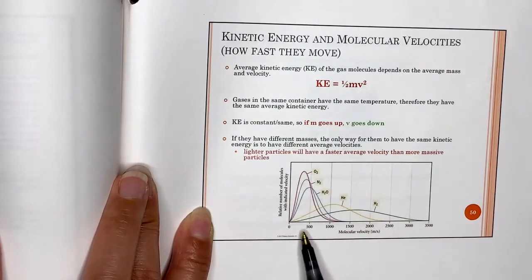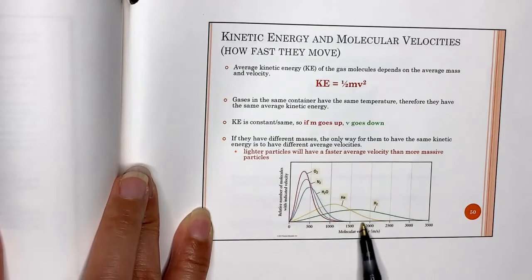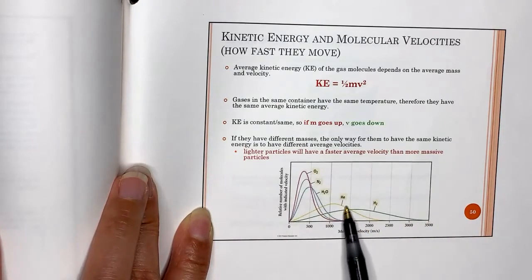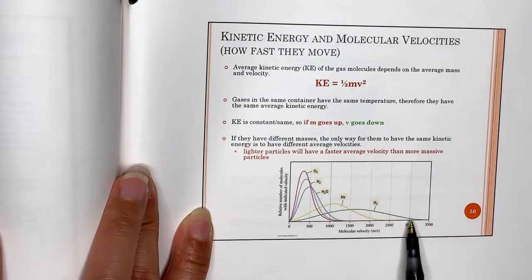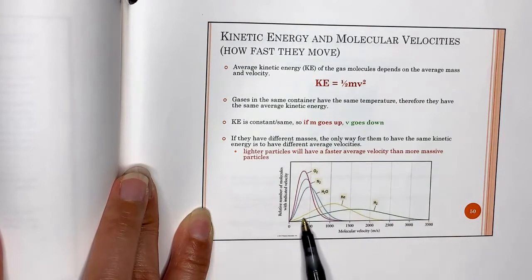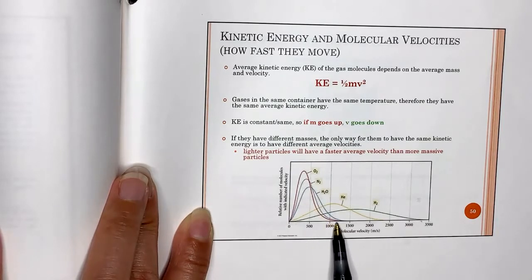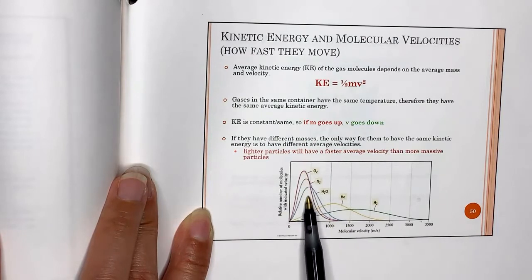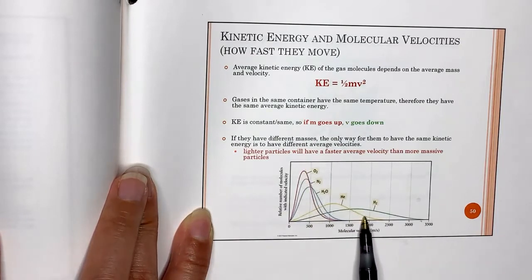So you can see here the picture. Here's the velocity spread. Because it's an average over a lot of sample gases, the lightest gas, hydrogen gas here, is so much faster. You see they can hit up to almost 3,500. And then the fastest in oxygen goes up to maybe 1,200. But usually we just look at the middle of the distribution right there.